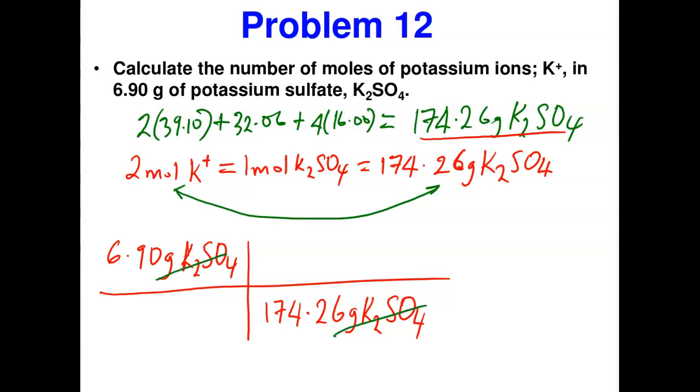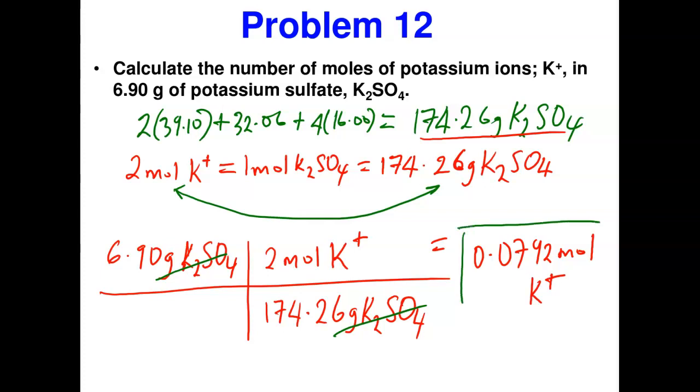And then you're going to put 2 moles of potassium ion. When you multiply across and then divide, you're going to get 0.0792 moles of potassium ion. And this is what you get.